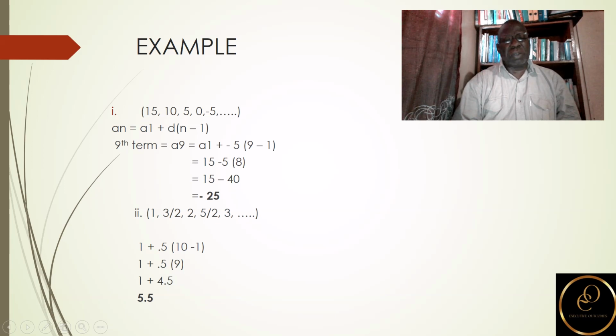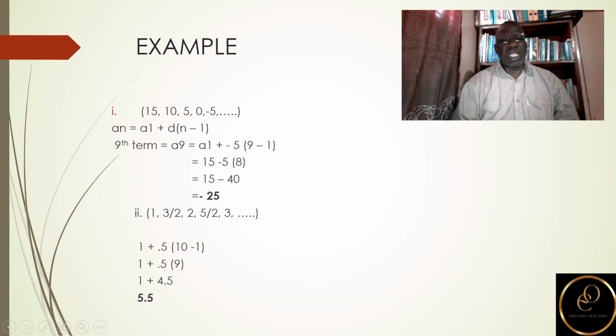The 2 is following 3 over 2, which we said is 1.5, so 2 minus 1.5 is still half. Then the next two numbers are 2 and 5 over 2. 5 over 2 is the same as 2.5, so 2.5 minus 2 is half. So you can see that the common difference is 0.5, which is half.